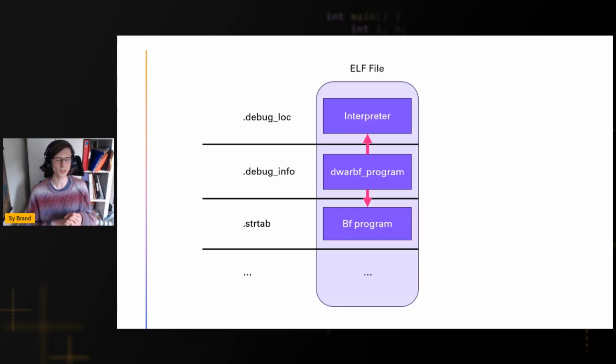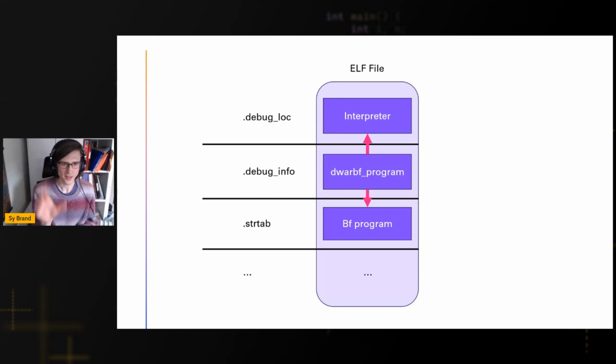These are the most important sections that I need for my needs. I have the .debug_loc section, which is where DWARF expressions live, or well, where some DWARF expressions can live, but it's the easiest place to put really big DWARF expressions, and I need really big DWARF expressions. Then there's the .debug_info section, which is where the majority of DWARF information usually lives.